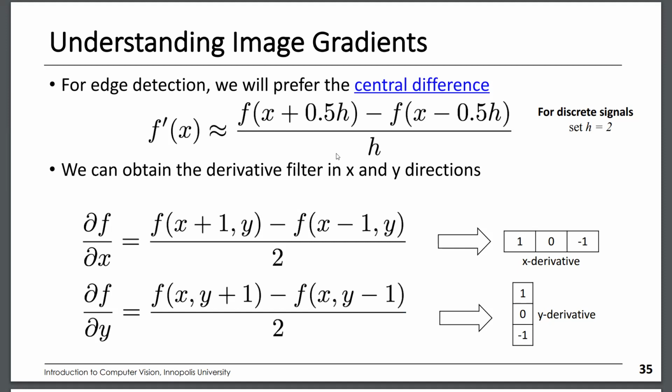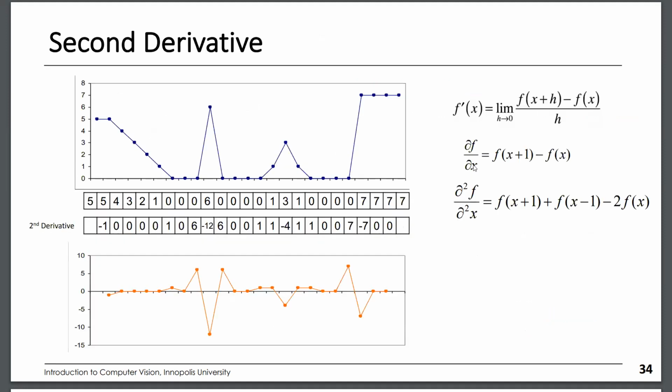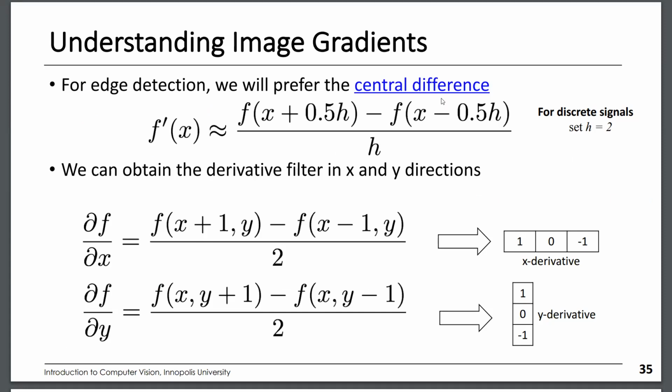The idea was to calculate a derivative in the x direction and a derivative in the y direction. If we would like to use the central difference, this was with the forward method, and this is with the central method, so there are some differences.